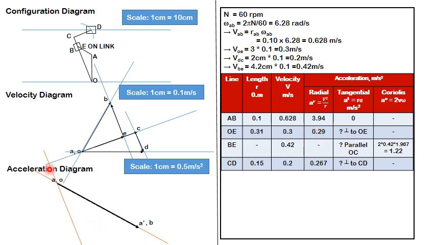So this is a line which is passing through O, and this line is parallel to OE, and on this line I need to show a line of length 0.6 centimeter. So that's what I have done. So here OO dash indicates the radial component of link OE.